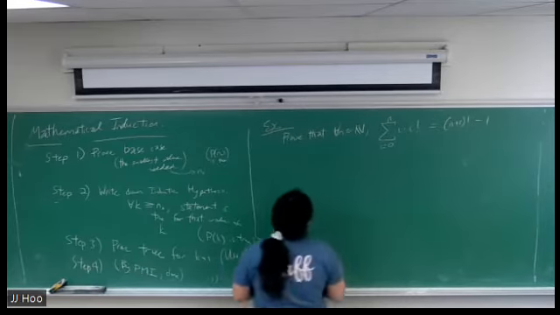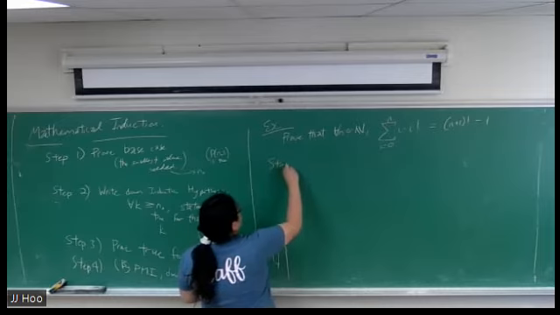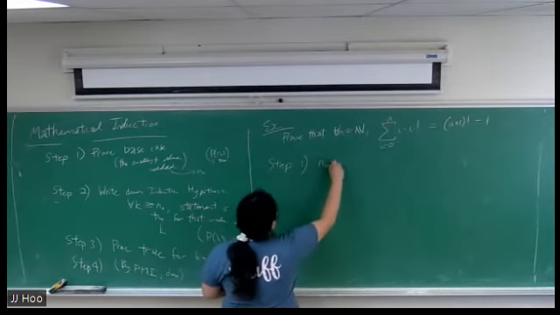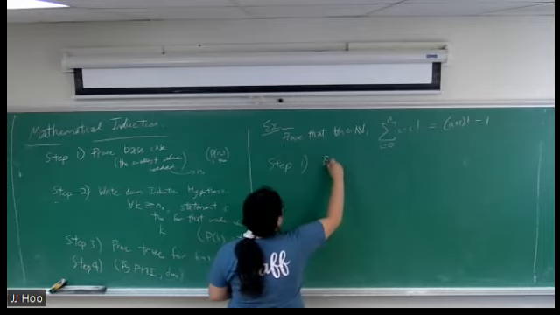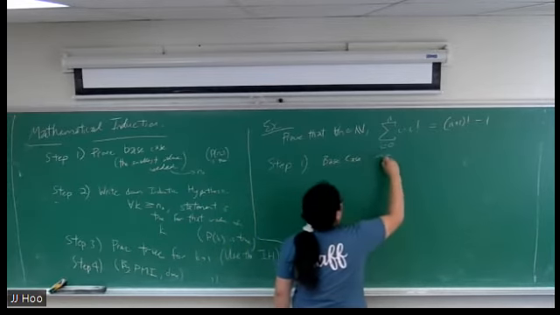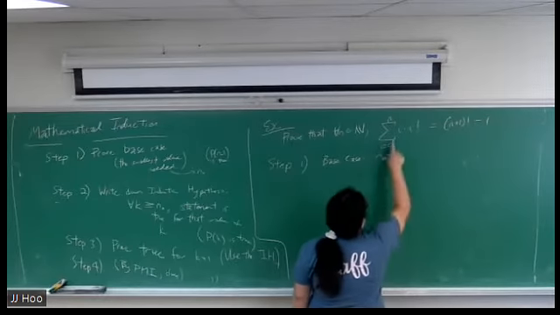Okay, so we need to prove this statement. So what's step 1? So for the base case, we're going to look at n equals 1, or rather n0 equals 1, right? So what does this become?